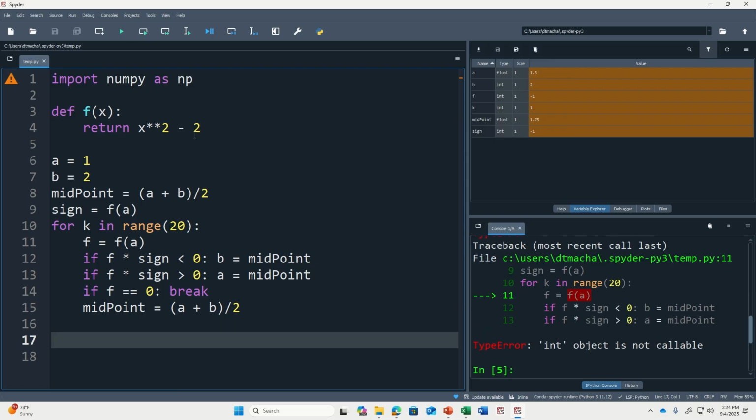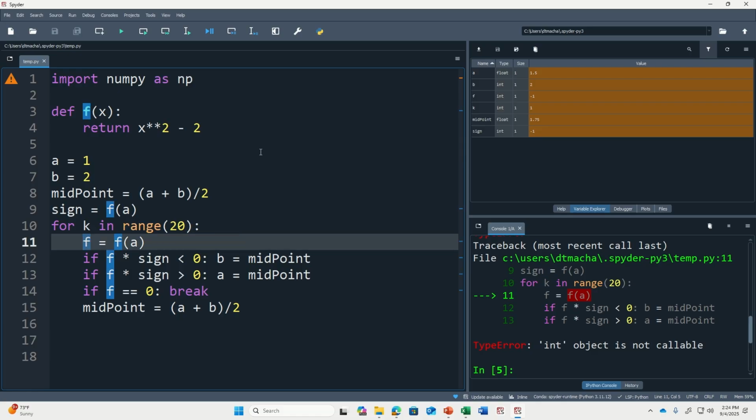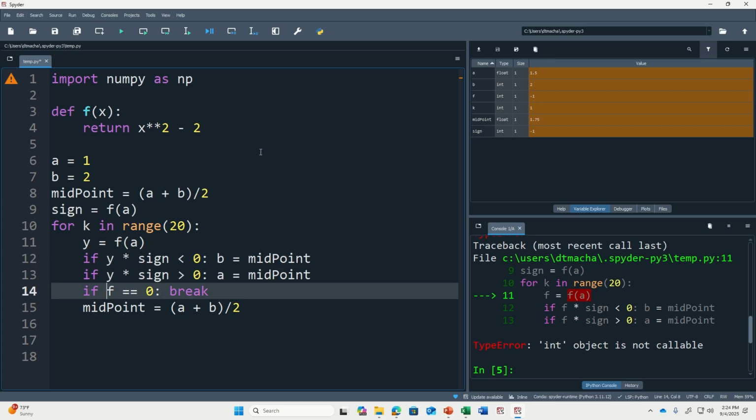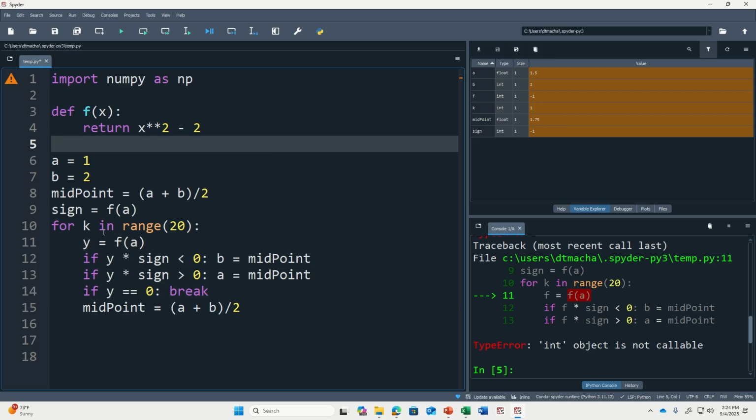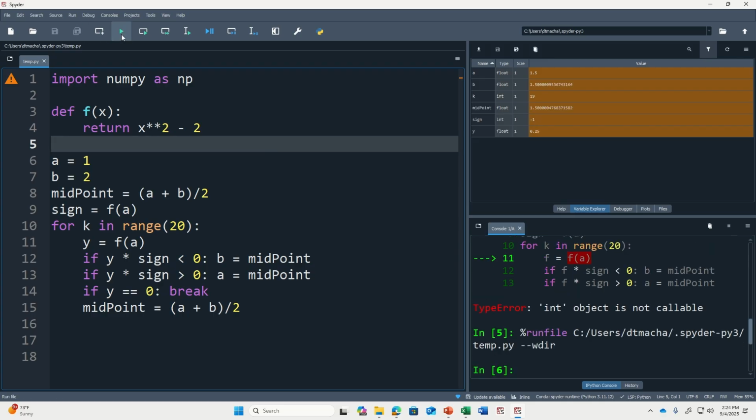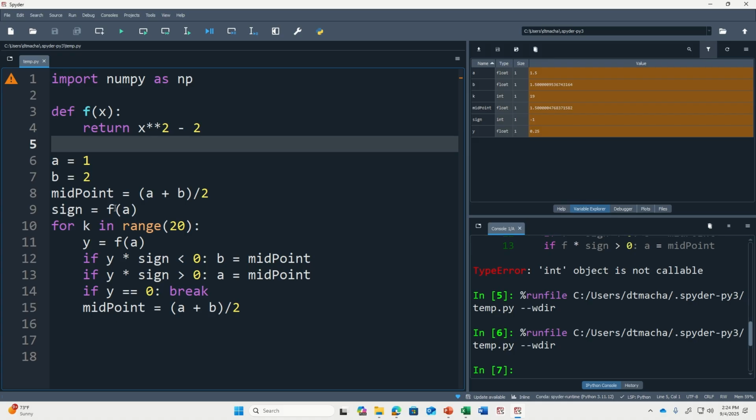Okay, so the problem is now I can't use f as a variable. We can call it y then, if I can't use it as a variable. The function's name is f, and now the output is y. Let's try that. Same thing. Oh, well.